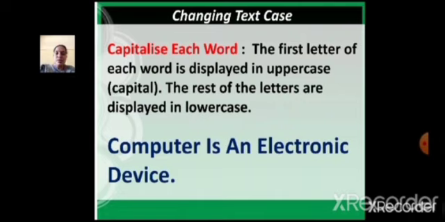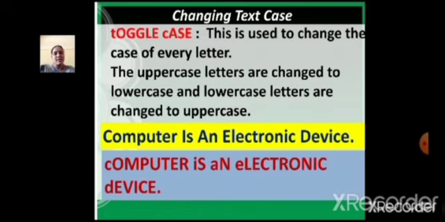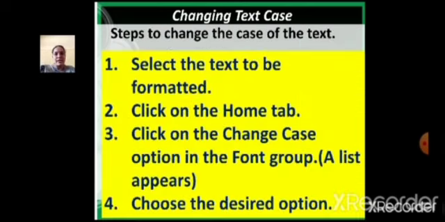Capitalize each word, the first letter of each word is displayed in capital and the other letters will be in small. Toggle case, where the upper case letters will be changed to lower case and the lower case letters are changed to upper case. Capitals will be in small, small letters will change to capital letters.